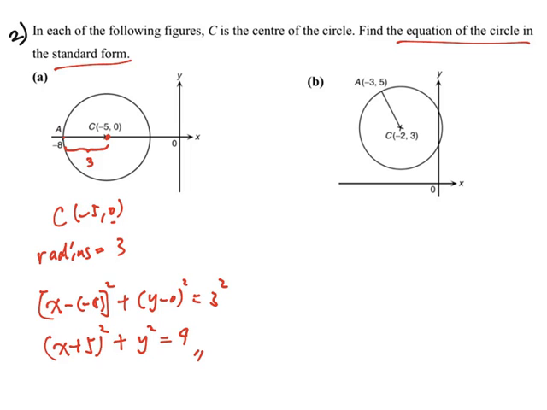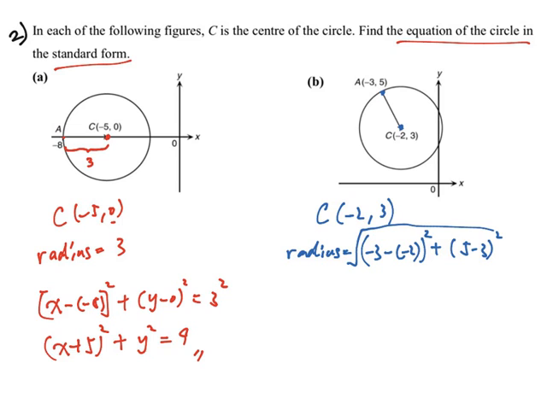Next, try to do question B. Okay, let's check it. For the center, it is given. And for the radius, we have these 2 points. So we can use the distance formula. So (negative 3 minus negative 2) squared, and then plus (5 minus 3) squared.